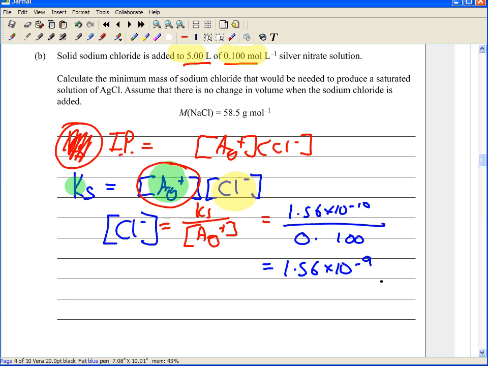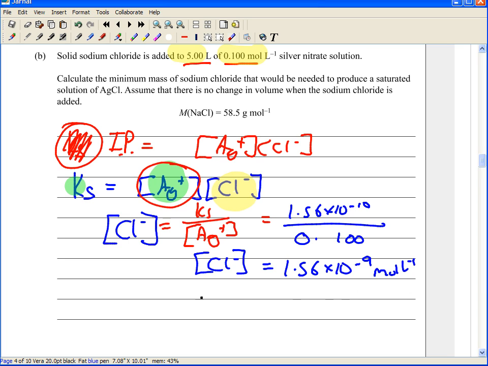Okay. So, here we go. That's our number. That's in moles per litre. You may be thinking to yourself, oh cool, I've already answered everything, haven't I? Well, no. Unfortunately at the moment, I know the amount of chloride moles I've got to add per litre.